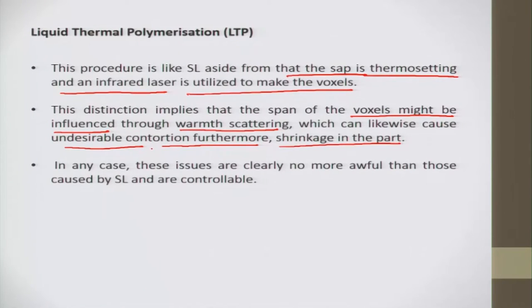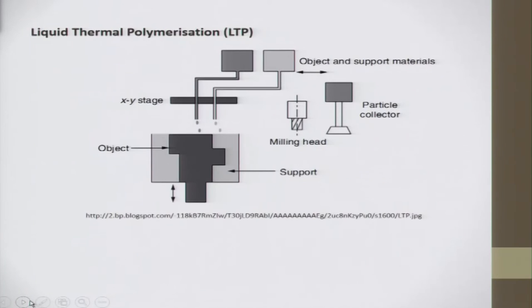So this complexity is involved here. And in any case, however, these issues are not much awful but much controllable in comparison to those in stereolithography. So this is the specific liquid thermal polymerization process.